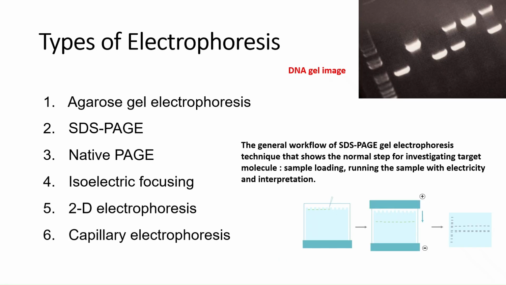Types of electrophoresis: agarose, DNA by size; SDS-PAGE, proteins by size, 1D; native PAGE, size and charge; isoelectric focusing, pI; 2D electrophoresis, pI then size; capillary electrophoresis, high resolution automated method.